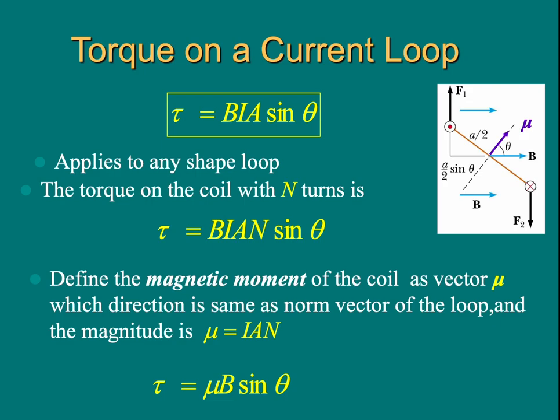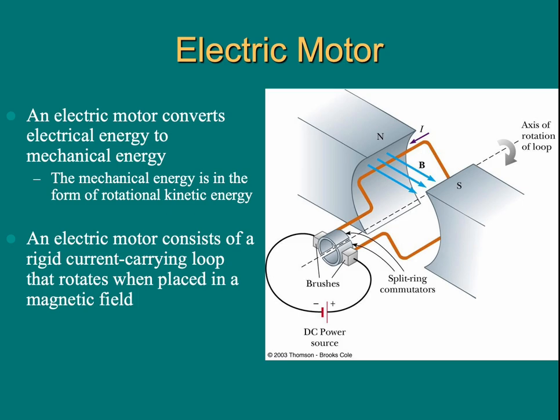The magnitude of the magnetic moment is I times A times N, where I is current, A is area of the loop, and N is the number of turns. So now we can simplify the equation and write net torque as mu times B times sine theta.